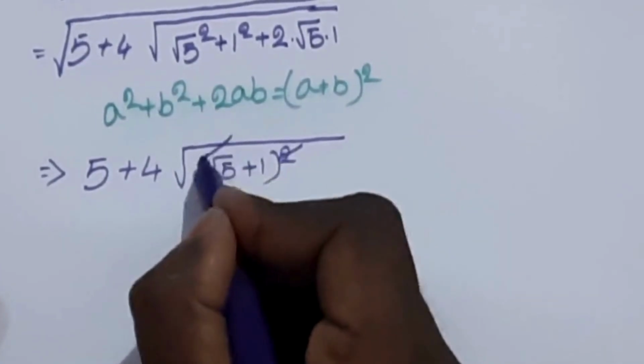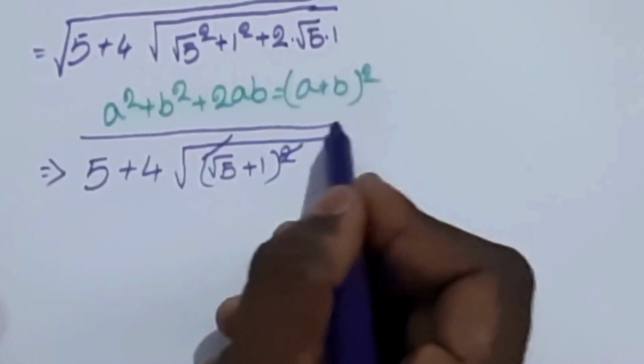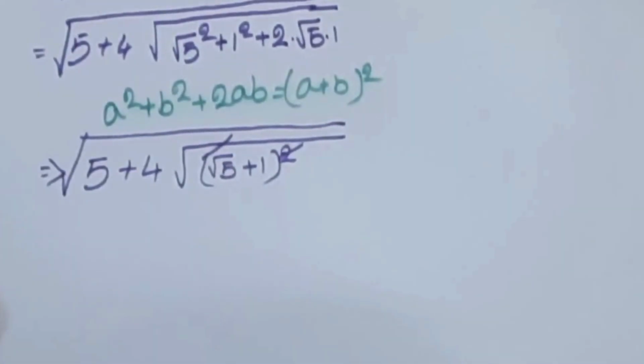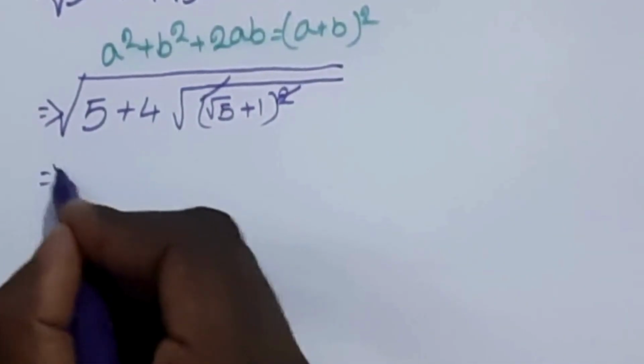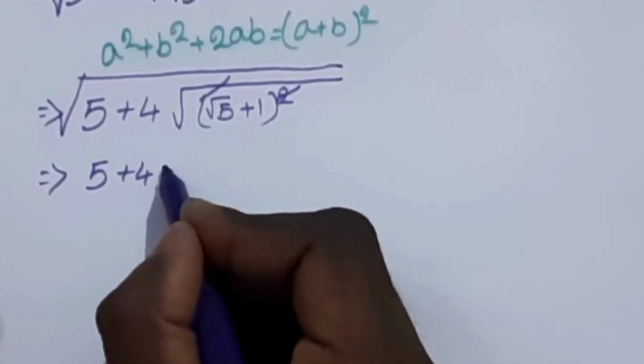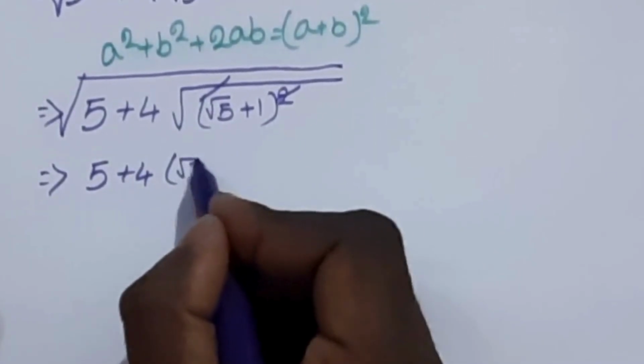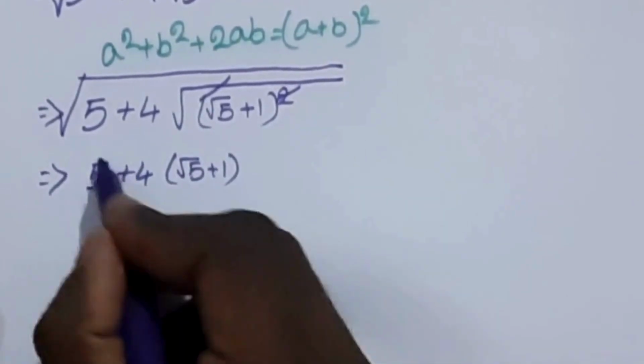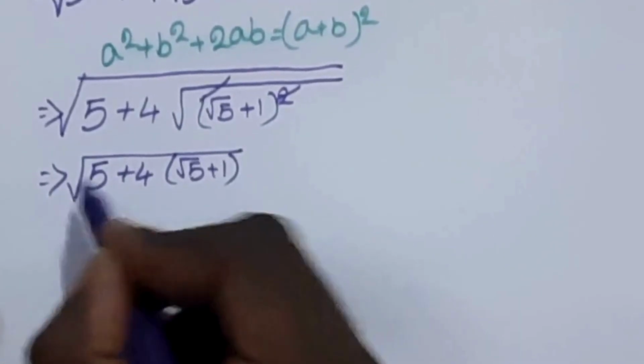Now this square and square root will cancel each other. So 5 plus 4 square root of 5 plus 1 in square root.